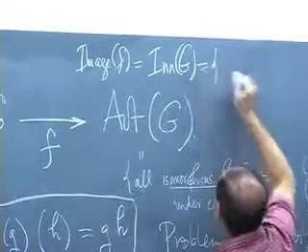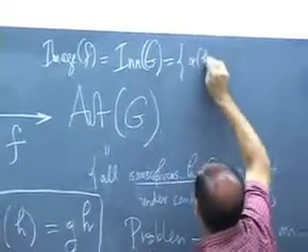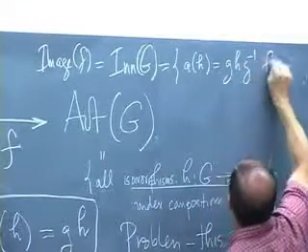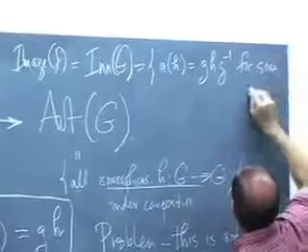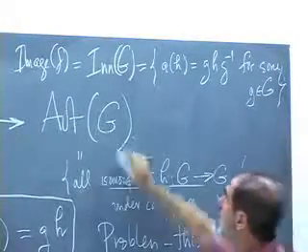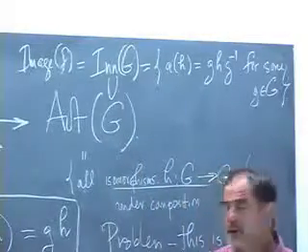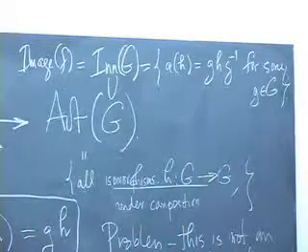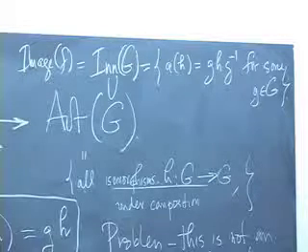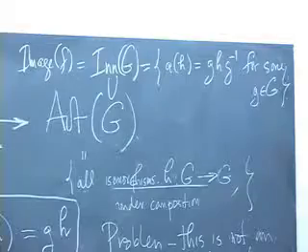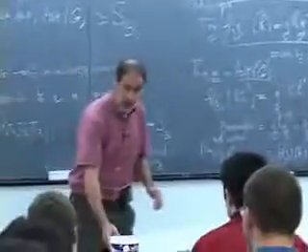Those are all the automorphisms that have the form A of H is equal to G H G inverse for some G. It's an interesting subgroup of the automorphism group of G. And for the Klein 4 group, the inner automorphism group is trivial, and the full automorphism group is the symmetric group on 3 letters.